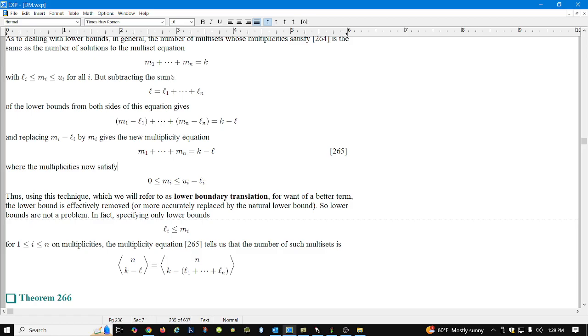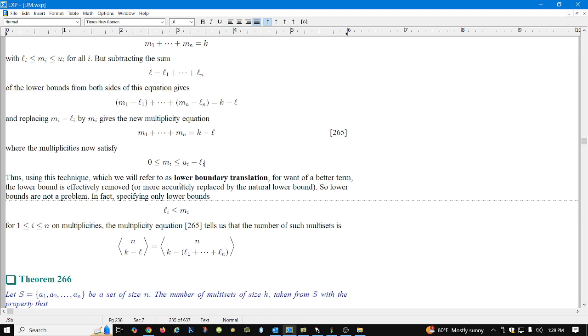And there's a one-to-one correspondence between the solutions to the original multiplicity equation with these restrictions and the solutions to the new multiplicity equation with these restrictions. So we haven't lost anything, but we've managed to remove the lower bounds, the unnatural lower bounds.